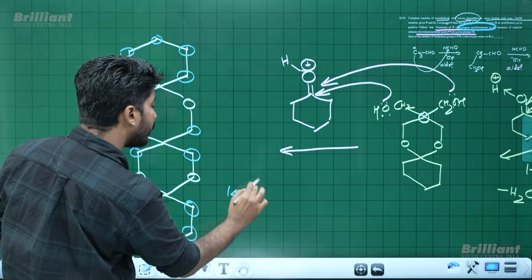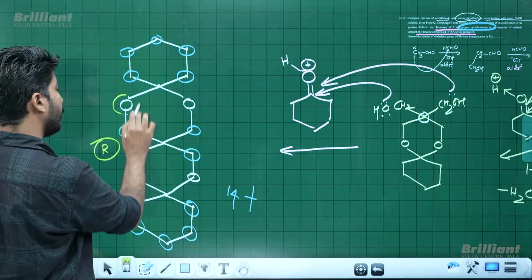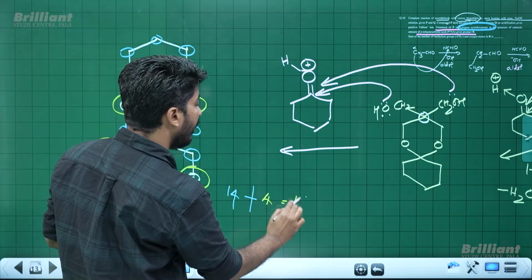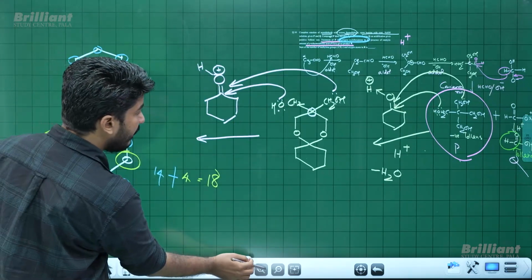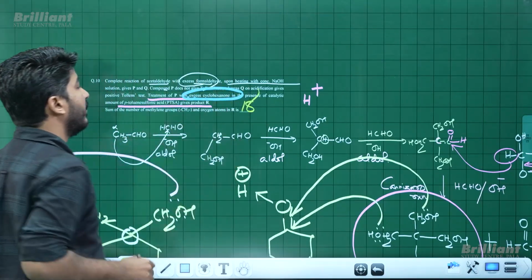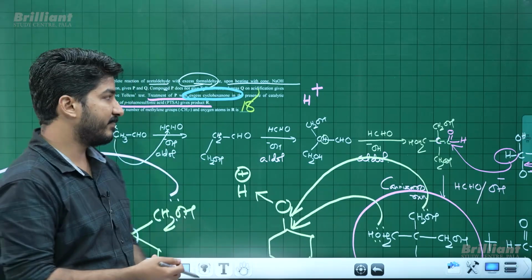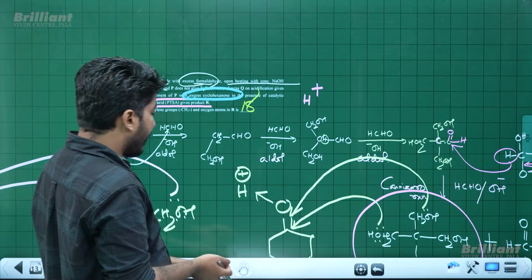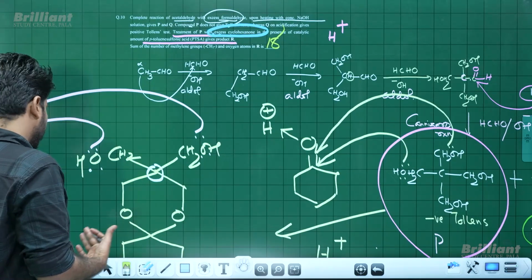So 14 methylene groups plus oxygen atoms 1, 2, 3, 4, so 4 oxygens. That makes total 18. So the total count of methylene groups and oxygen atoms in the final product R is going to be 18. So our answer will be 18. So 18 is the answer for question number 10. That is from carbonyl chemistry, nucleophilic addition elimination reactions of ketones, ketal formation.